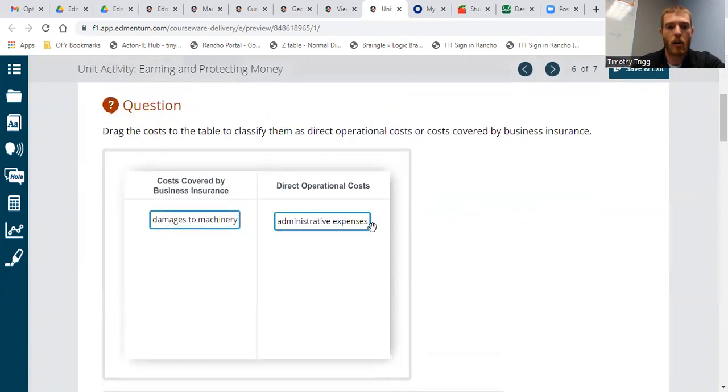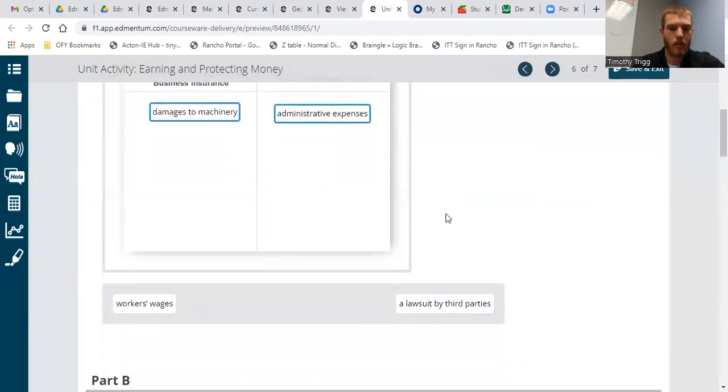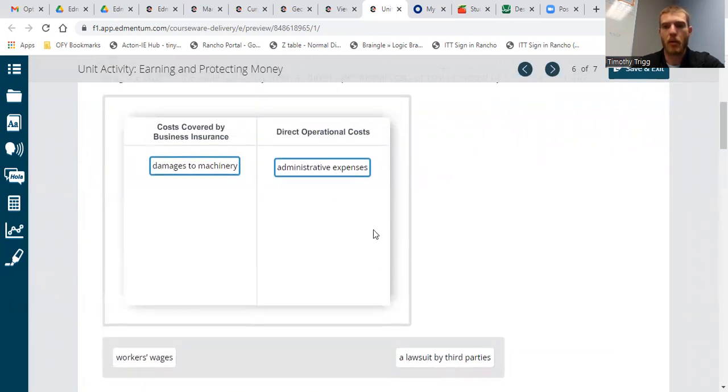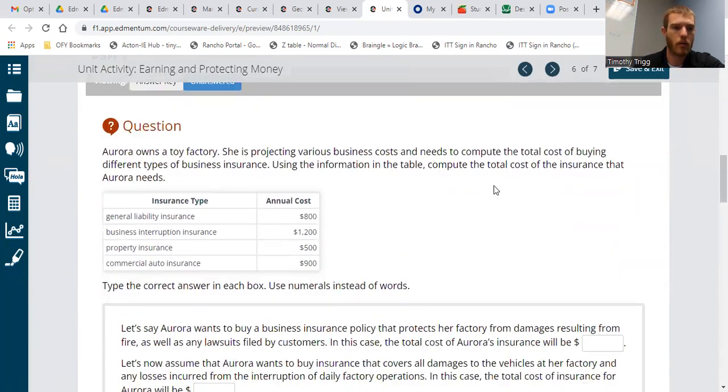Administrative expenses are an operational cost. You have to pay your managers and your accountants and everyone else. These are administrative expenses. This is not covered by insurance. Try to figure out which of these would be covered by insurance and which would be an operational cost. Fill the rest in.